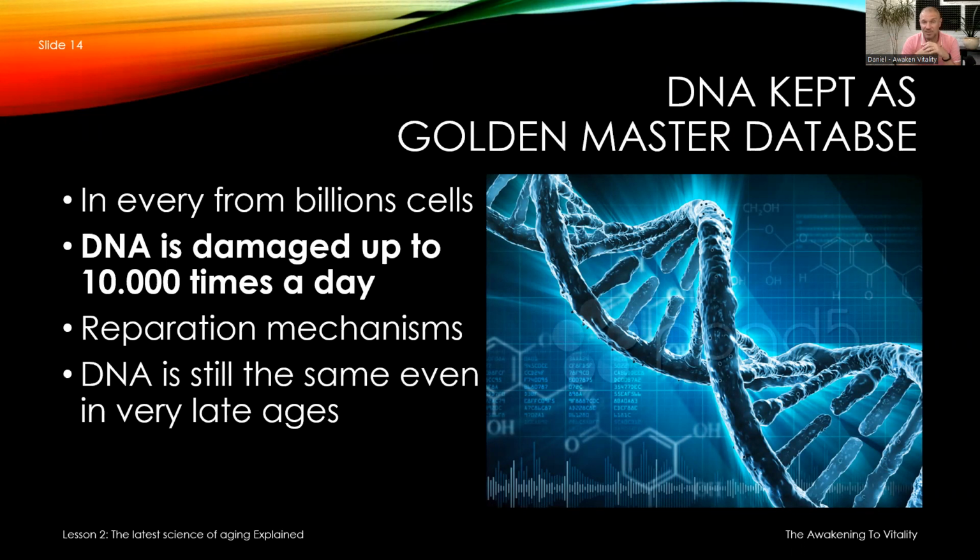Your DNA is so perfectly supported and corrected that even after sometimes 10,000 times a day of damage, your cell is able to correct every break or every damage in its structure. So these repair mechanisms are the things we are keeping our focus on, to be able to keep our cells healthy. And we will talk about those mechanisms soon.